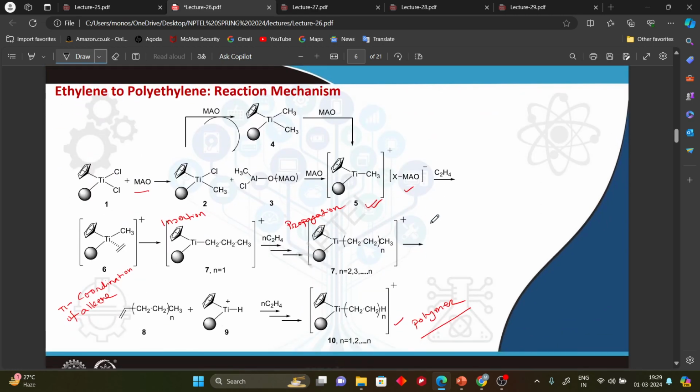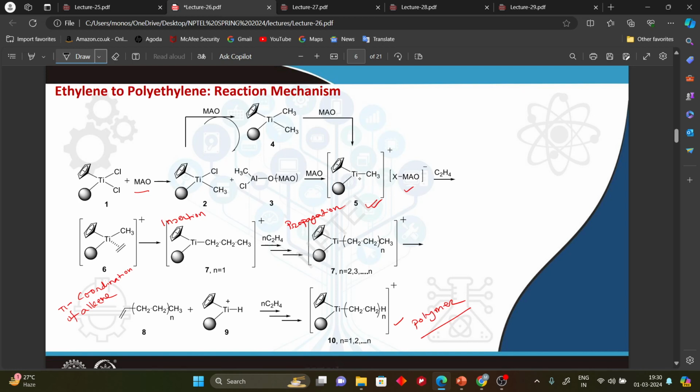Now coming to your mechanism. So this is the way it reacts with MAO. At first the chloride is replaced with a methyl group, and then after that this is your now active site. This thing is generated now.